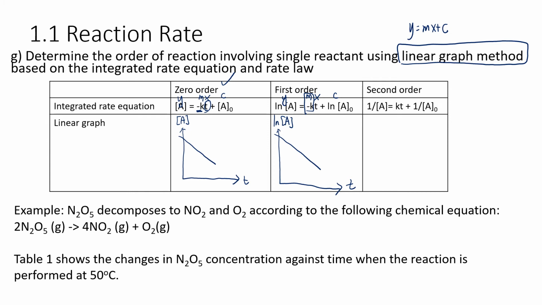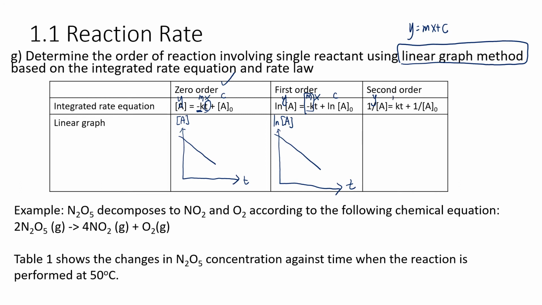And again, it is a downward sloping linear graph because the gradient is equal to negative rate constant. For second order reaction, the integrated rate equation is 1 over remaining concentration of your reagent equals kt plus 1 over initial concentration of the reagent. For second order reaction, therefore, your y is 1 over remaining concentration of your reagent.